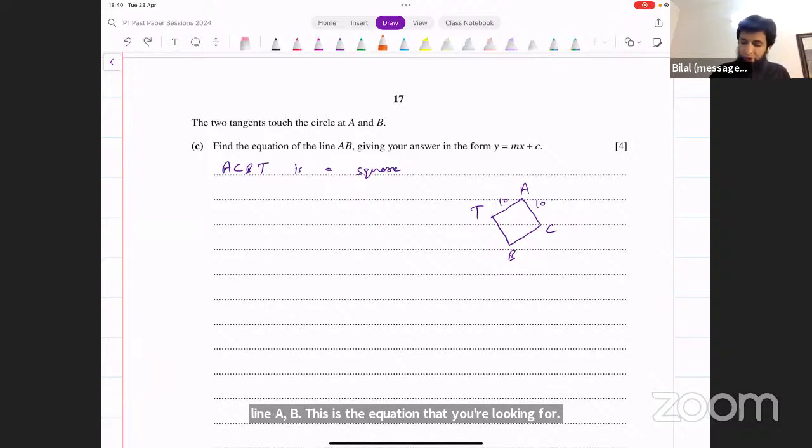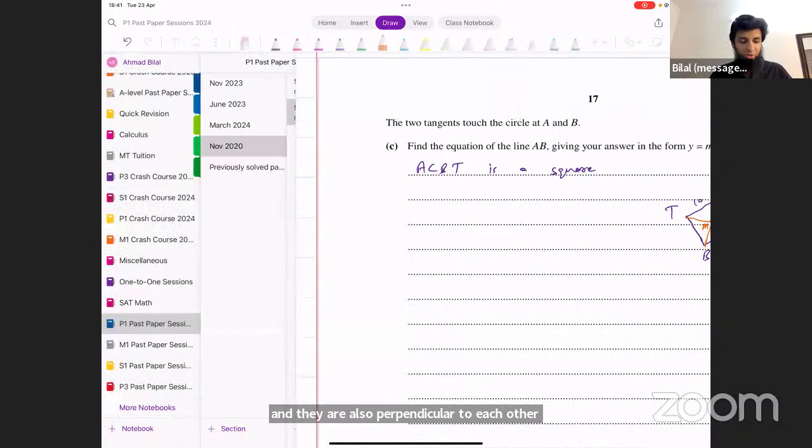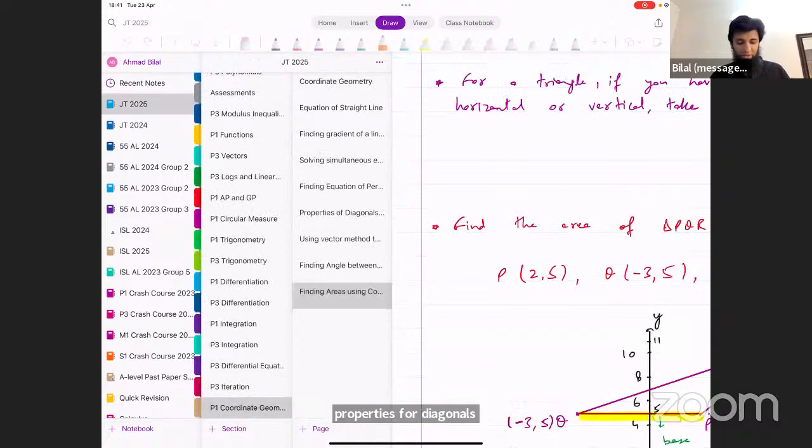Now remember the property of the diagonals of a square. The diagonals of a square, they meet at midpoints and they are also perpendicular to each other. Diagonals of a square, you need to know all of these properties for diagonals of quadrilaterals.